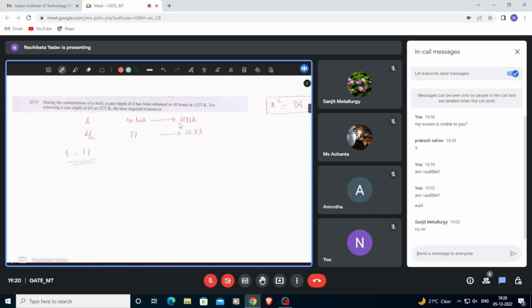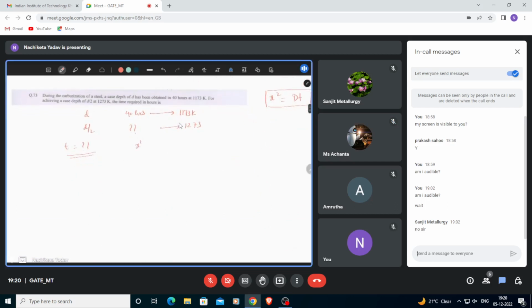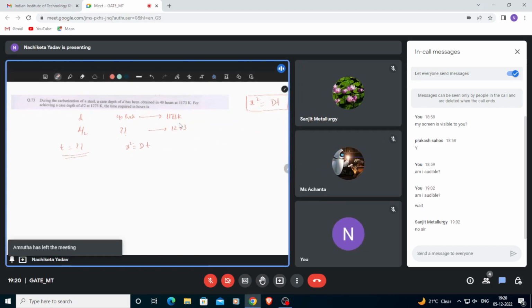See, we know this equation: x square equal to Dt, and here we have to calculate time. Here case depth is given, D is given. It will be Dt when time is 40 hours at 1173 Kelvin. This is this x.